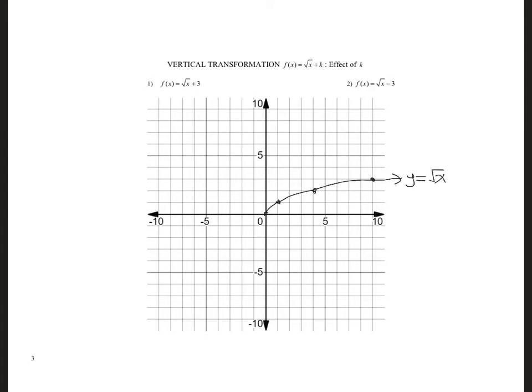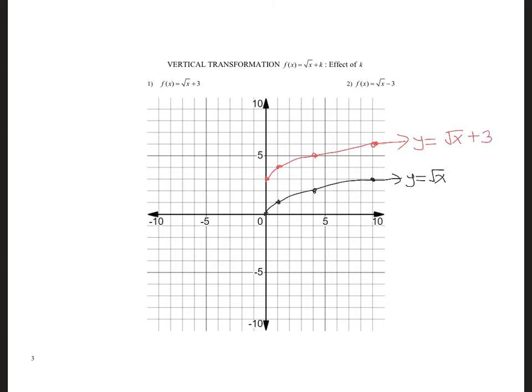And all I need to do is to graph the transformations. Plus 3, number 1, so k is 3, so I move every point 3 units up. So right there, over here, 3 units up. So then connect the points. So this is y equals square root of x plus 3.